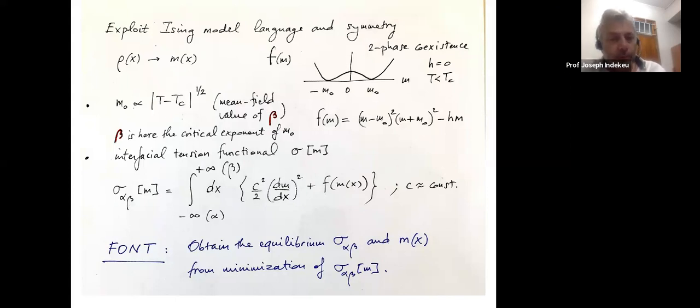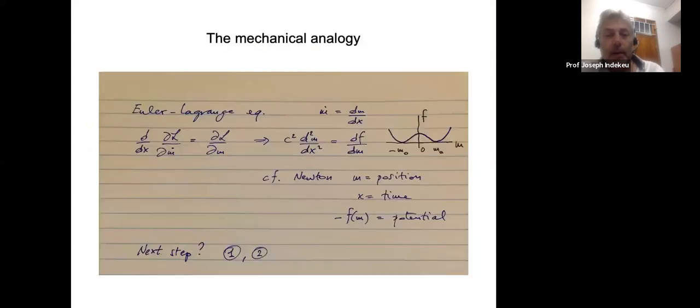And we also could obtain the equilibrium value for that interfacial tension. So that's what we did yesterday. And we used the variational principle so that we can have the Euler-Lagrange equation for the bulk system.